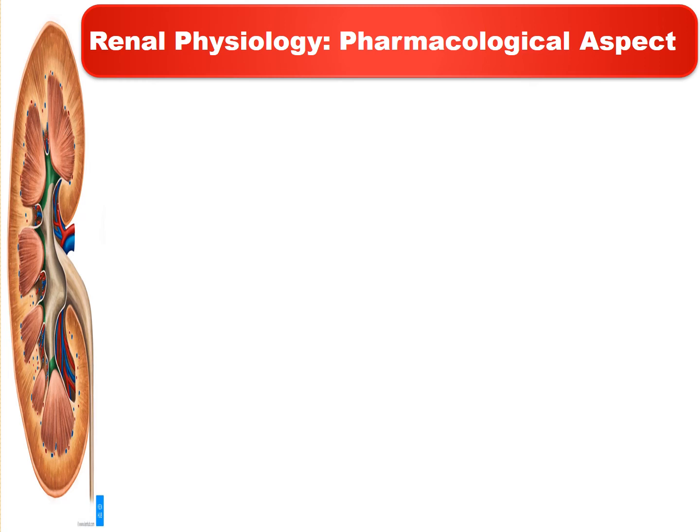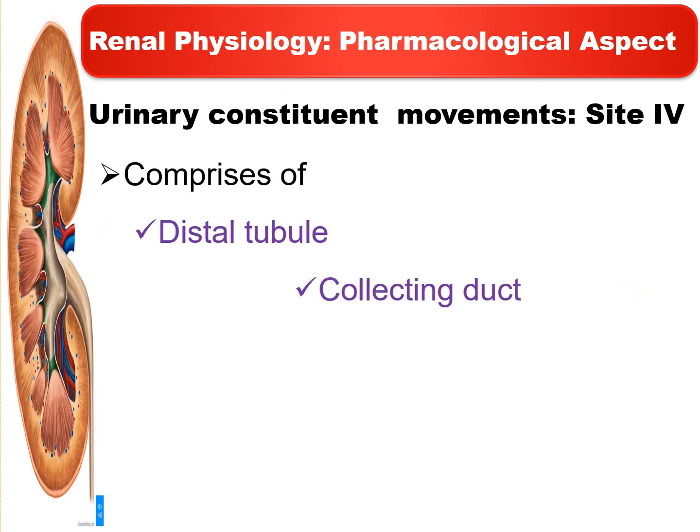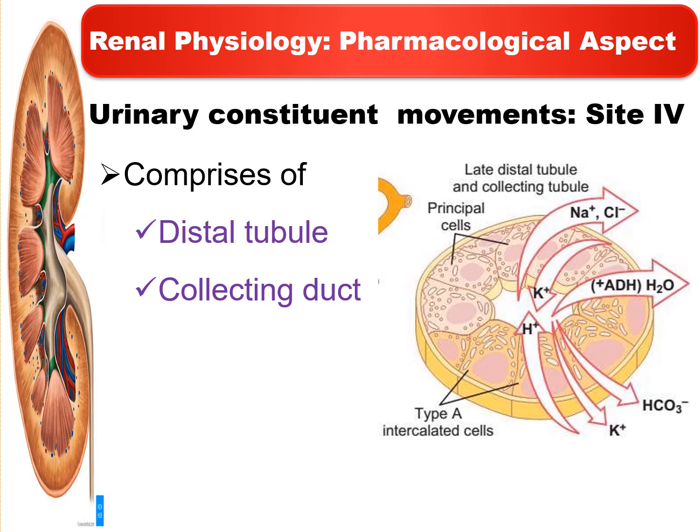The most important site of the nephron is site 4. The urinary constituent finally moves to site 4. It comprises the distal tubule and the collecting duct, as we discussed earlier. Just focus on this diagram: the late distal tubule and the collecting duct make up site 4.